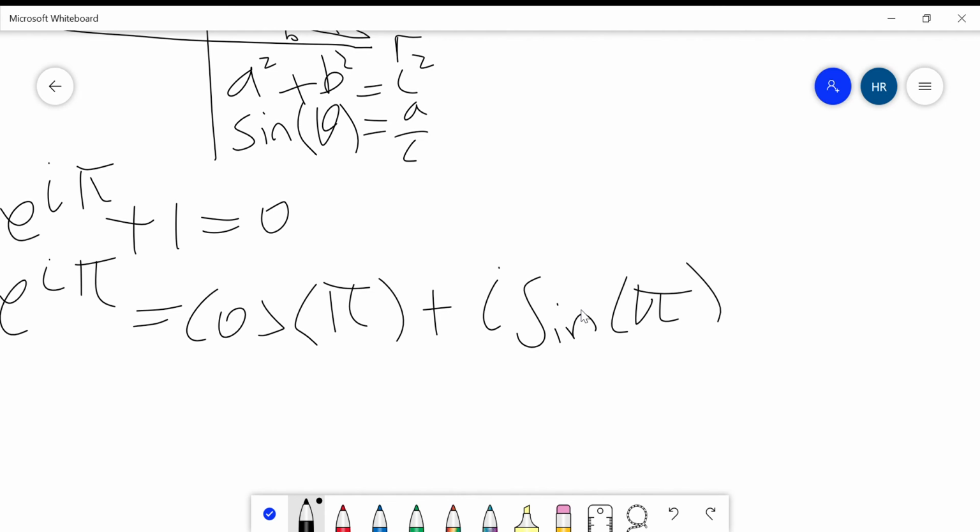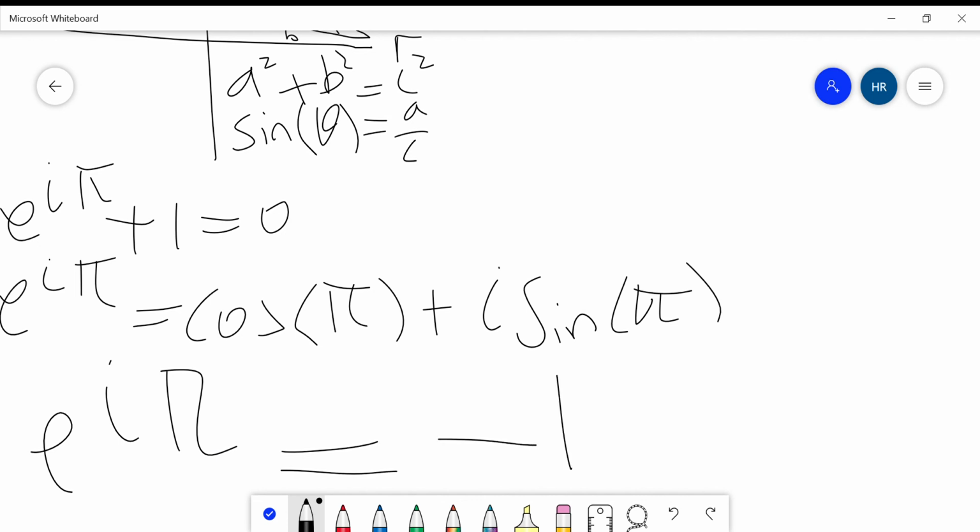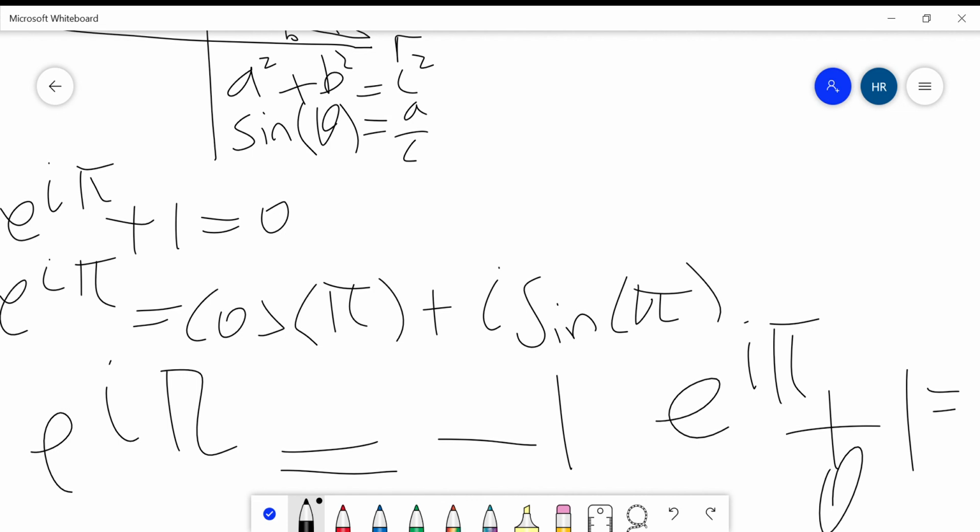So if you were to put cos 180 plus i sine 180 in your calculator, you'd get the answer -1 on this side, and on the other, 0. So what happens is that you can now formulate that e to the i pi is equal to -1. And algebraically, you can switch the 1 to that side, which makes e to the i pi plus 1 is equal to 0. And that is Euler's identity.